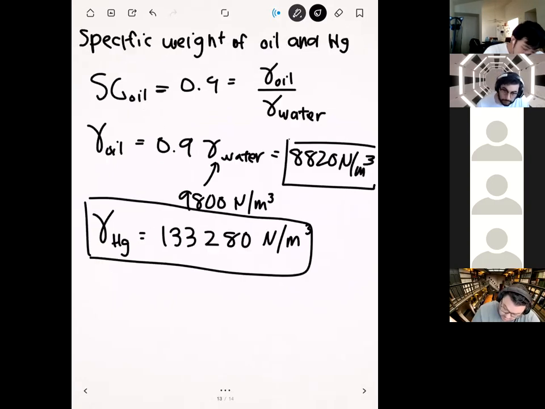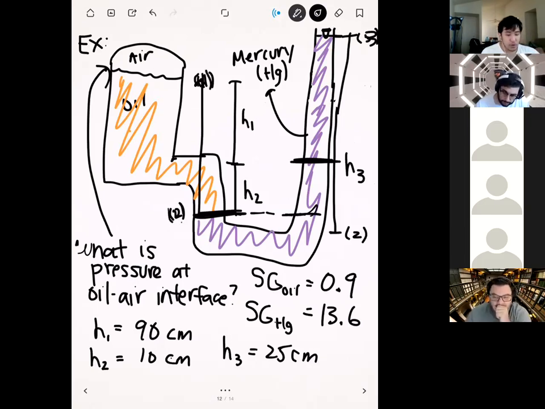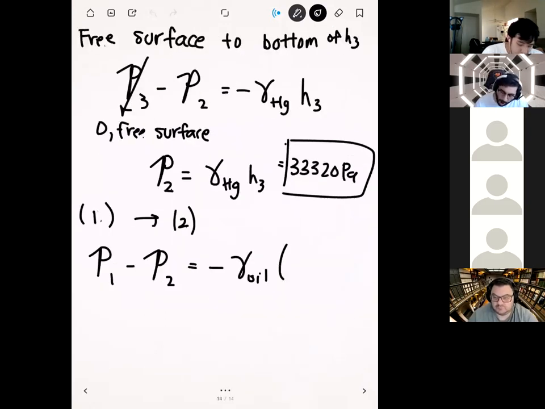We're going from this location right here, which is the same height as this one, all the way up here. This is location 1, and this is location 2. Since location 1 is up top, we put that one first in our equation. The total height between location 1 and location 2 is the sum of H1 and H2.